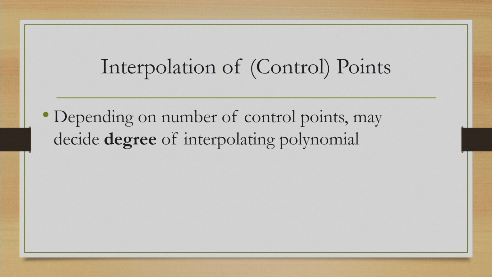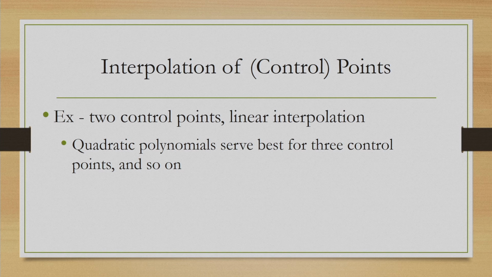Now, depending on the number of control points, the degree of the interpolating polynomial is decided. So, when we talk of polynomial interpolation, one concern is what should be the degree of the polynomial. Now, that can be decided based on the number of control points provided. Let us take an example.